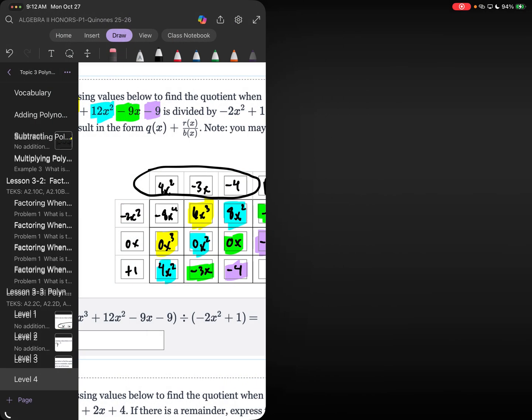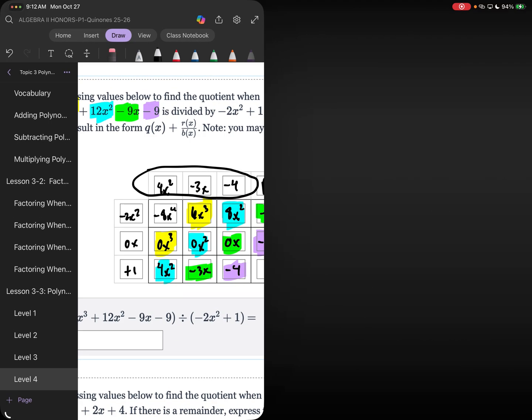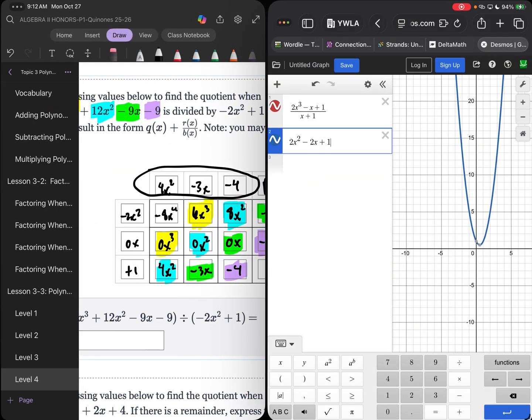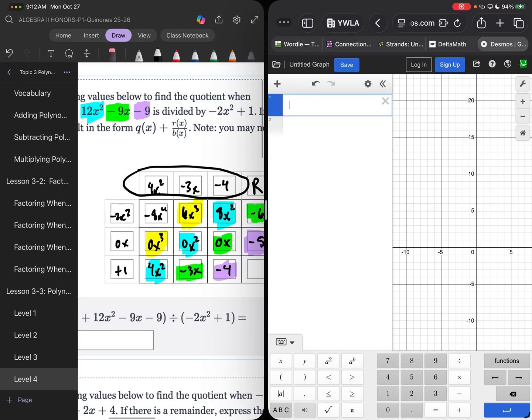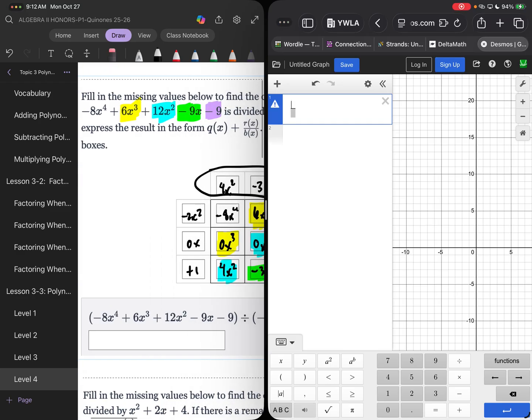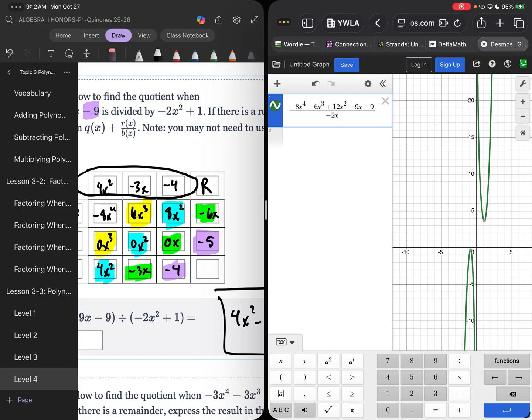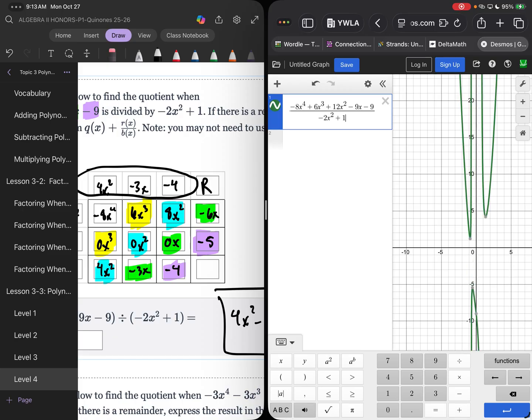This was on the left. Okay. Here we go. The division of negative 8x to the 4 power plus 6x cubed plus 12x squared minus 9x minus 9 divided by negative 2x squared plus 1.